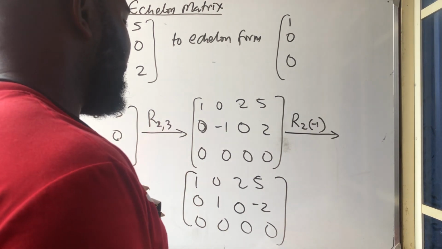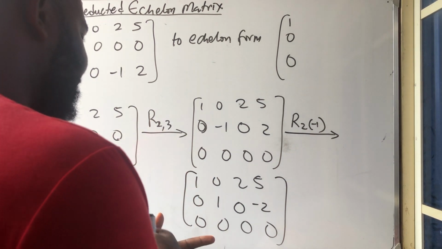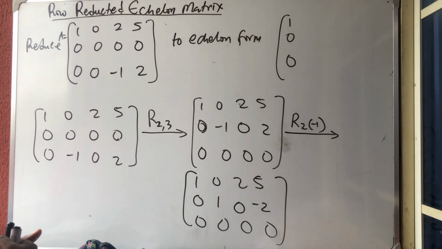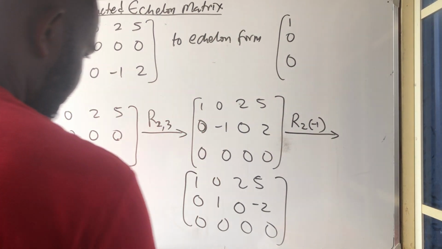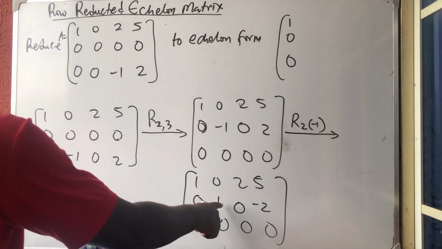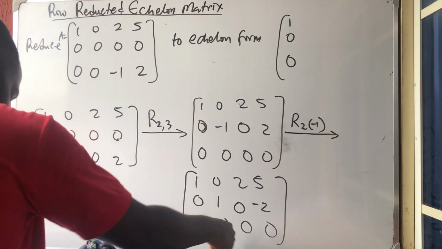We can say add... how do we get 1 there? Okay, or is this echelon? 1 0 under it, 1 0. So I think 1 is supposed to be here.